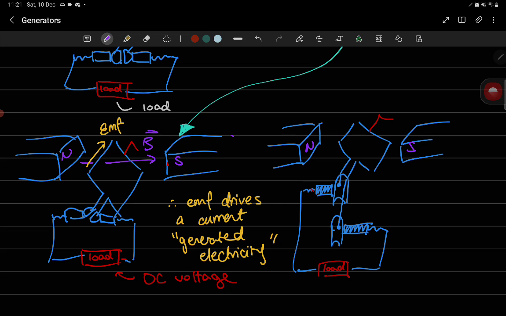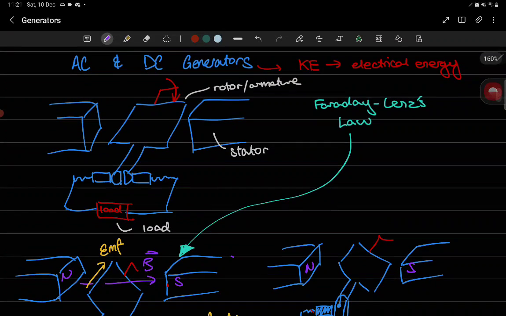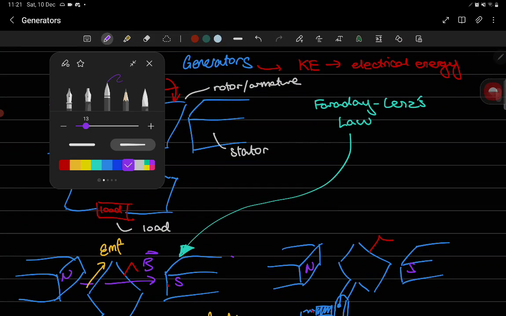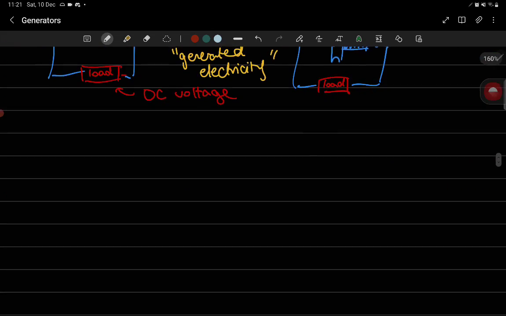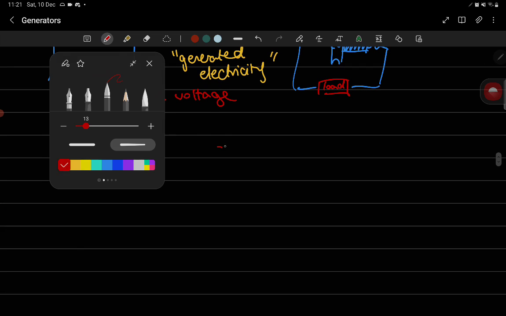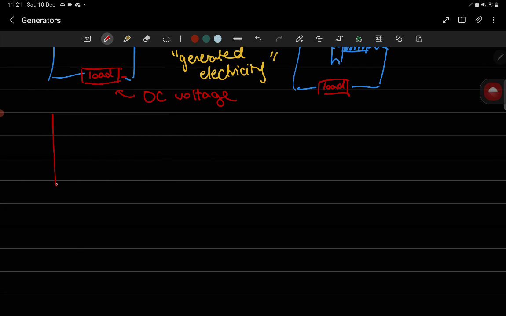Cool. So I've introduced the generators now. So what does this actual output look like? If you were to draw a graph of the output, the DC output would look much as you'd expect. It would look something like this.